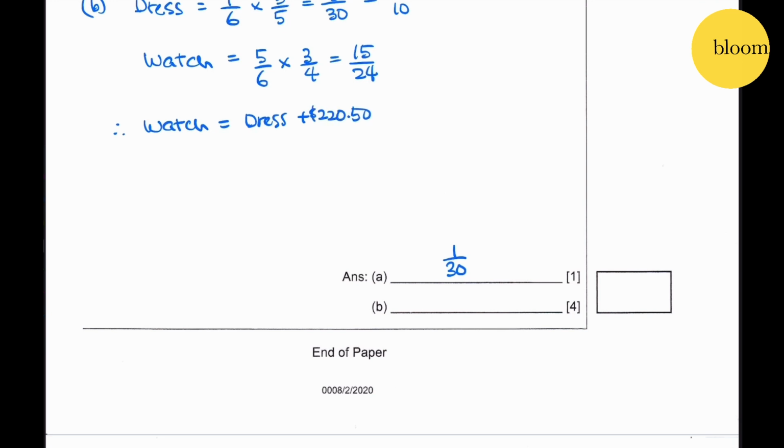This is in dollars. Therefore, $220.50 equals 15/24, this watch, minus dress, which is 1/10, which gives you 21/40.